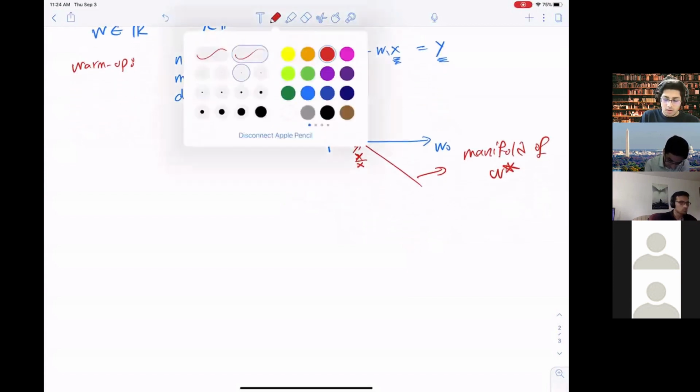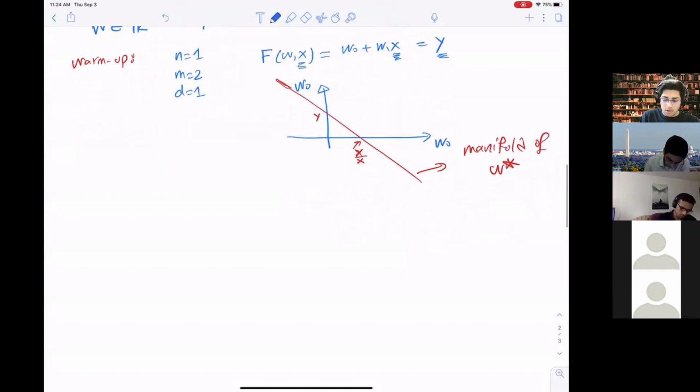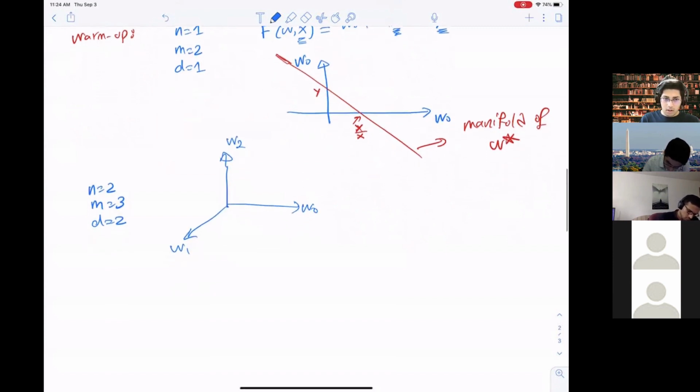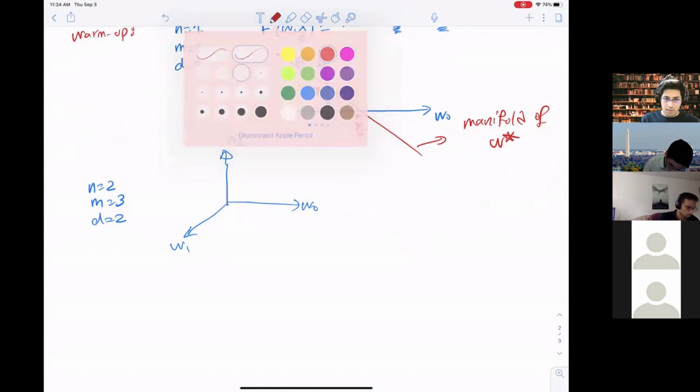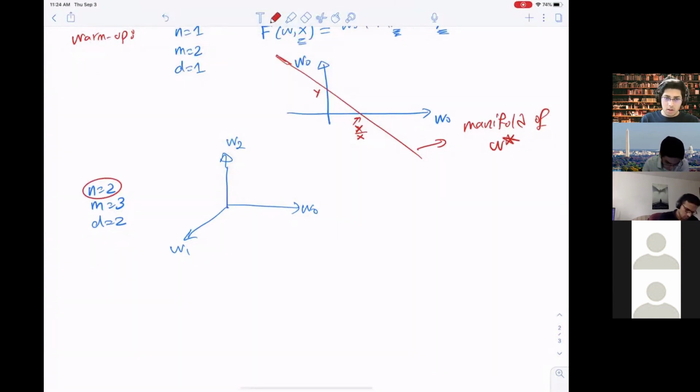To get a better feeling, let's say now I have 2 samples, and I'm using a model with 3 parameters. Again, I'm using a linear model, and let's say my samples are in 2 dimensions. So in this case, what's going to happen? I have 3 parameters, W0, W1, W2, and 2 samples, so basically 2 equations.